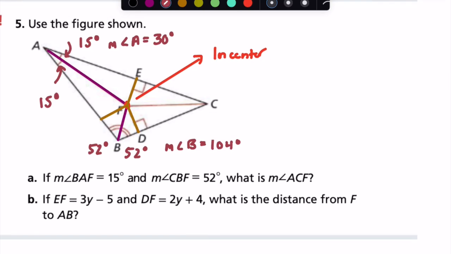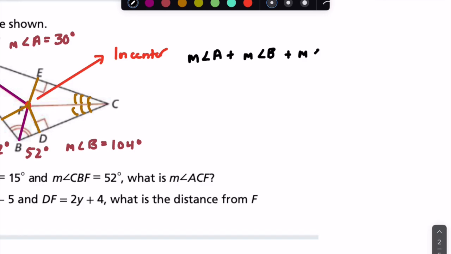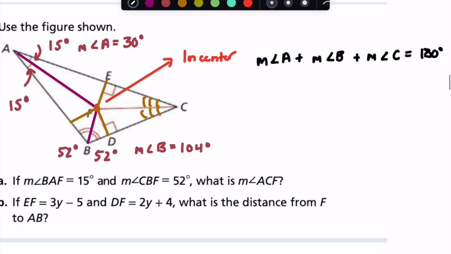And it's asking for the measure of angle ACF. So they want this angle right here. Well, I know that angle C is going to be bisected. I also know that the measure of angle A plus the measure of angle B plus the measure of angle C has to equal 180 degrees because they're all inside of a triangle. This is 30 degrees, this is 104 degrees, and we can just call this x because we don't know it.